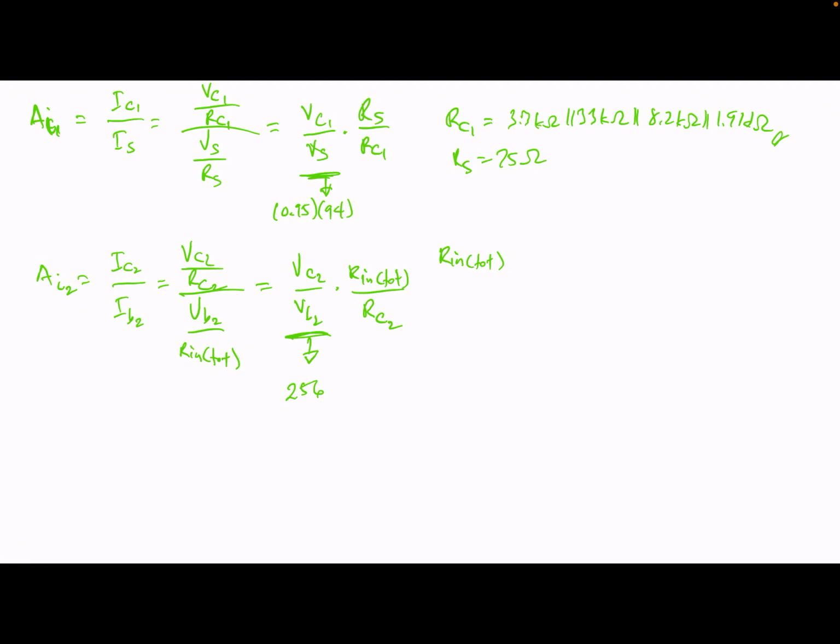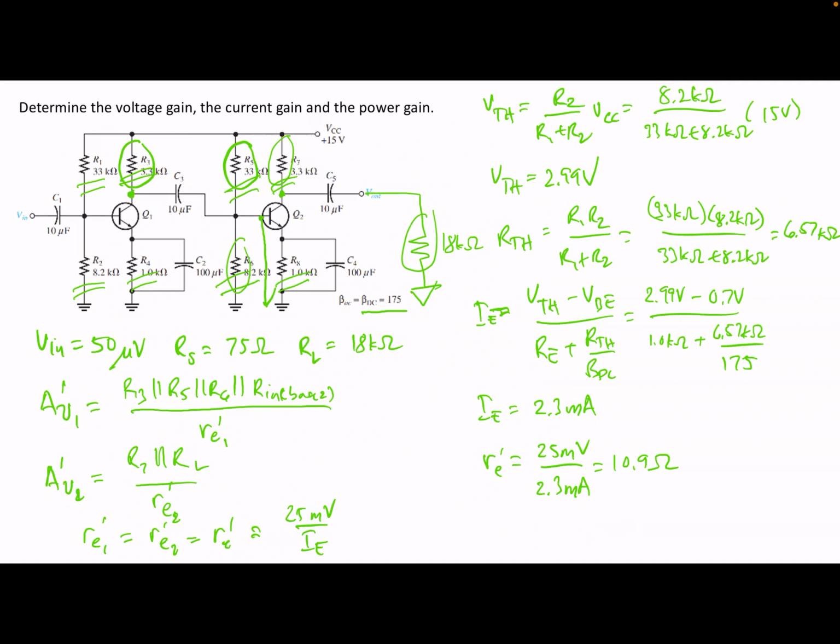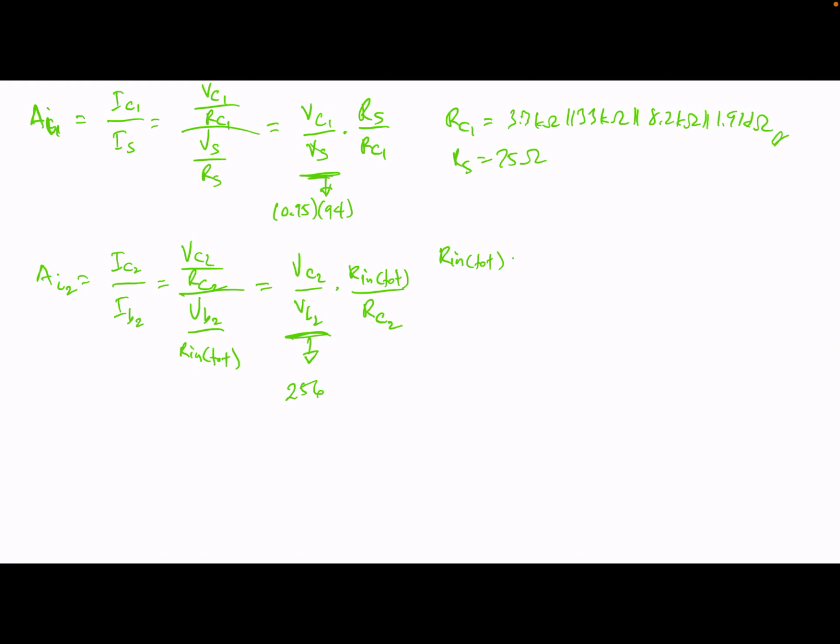So it sees this, and also the input base resistance. That means it's equal to 3.3 kilo ohms parallel to 33 kilo ohms parallel to 8.2 kilo ohms parallel to 1.91 kilo ohms.